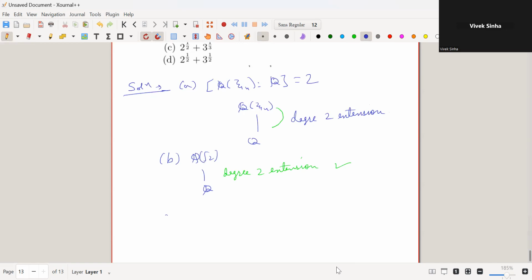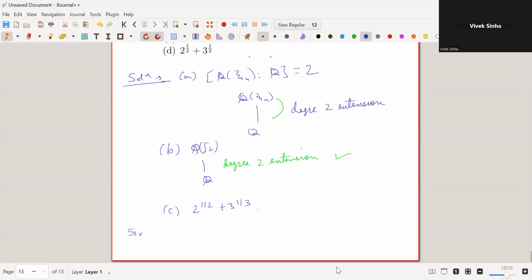Now c, so c is 2^(1/2) plus 3^(1/3), and similar to question number 2, one can see that the degree of Q(2^(1/2) plus 3^(1/3)) over Q is 6, which is not of the form 2^m.